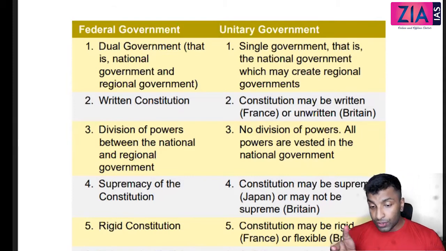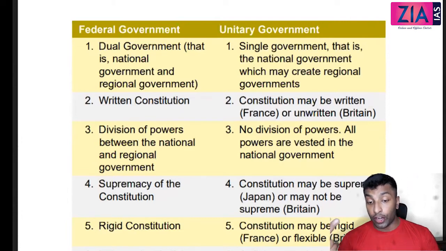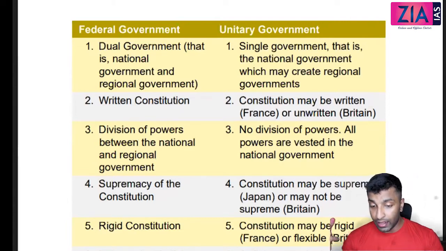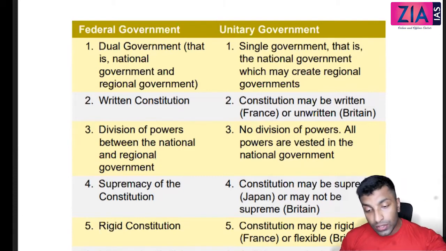Similarly, when it comes to federal government, the second feature you can see is a written constitution. So things have to be written and codified. What do you mean by written constitution? It is codified clearly, the rules and laws and everything. If it is a federal setup, both are deriving their power from where? There is no one who is inferior here.